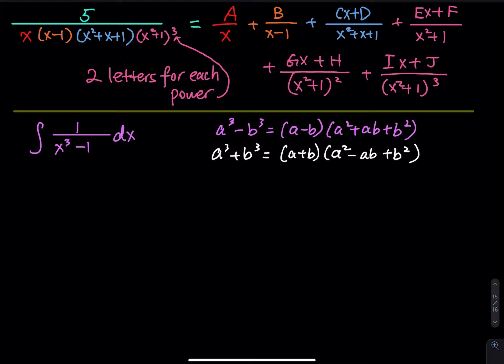Let's factor this. So we have 1 divided by (a minus b) becoming (x minus 1), and then we have (x squared plus x plus 1), dx. All right, and then what's next? Which one is quadratic? The square.